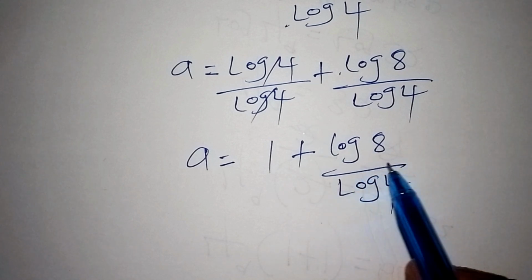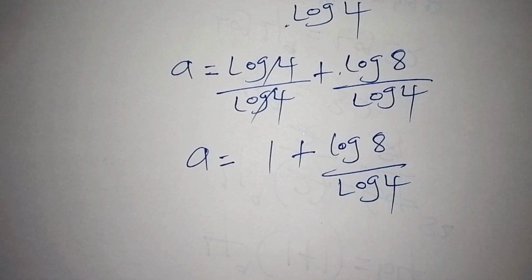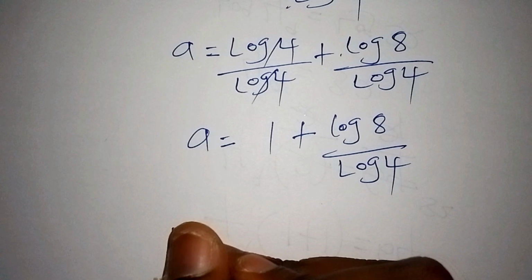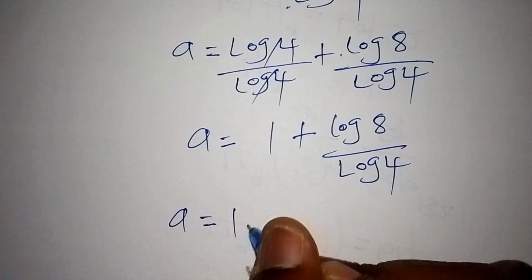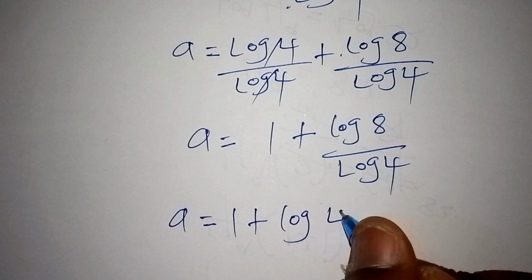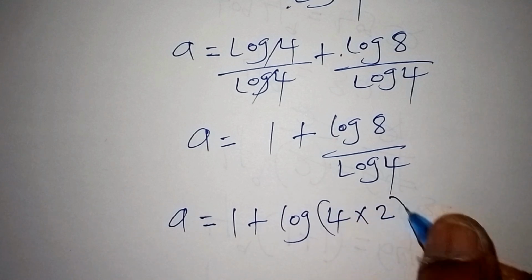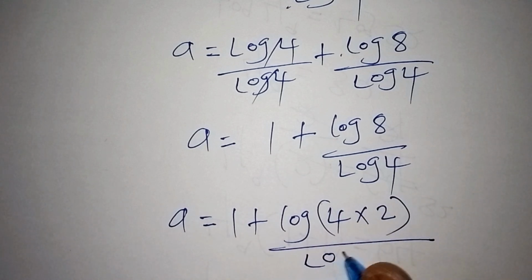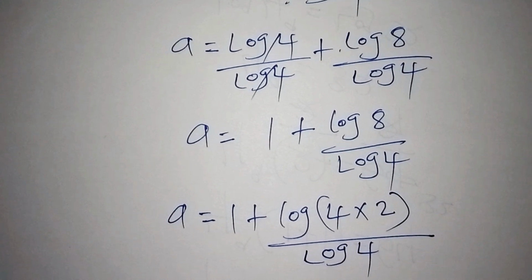You can still factorize the log of 8 all over the log of 4 by saying that a is equal to 1 plus the log of 8, which can also be written as 4 multiplied by 2, then we close the bracket, all over the log of 4.